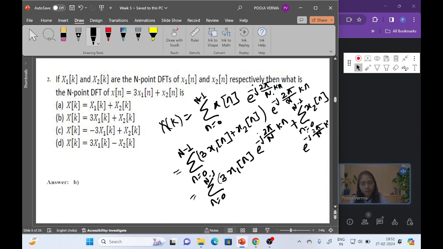So this is a constant factor 3, and here it is 1, so it is not taken.